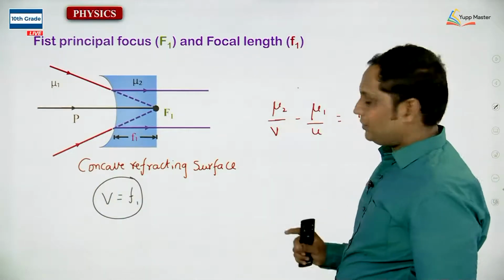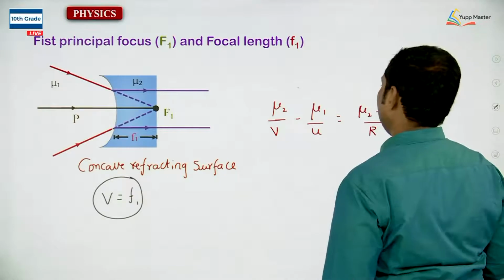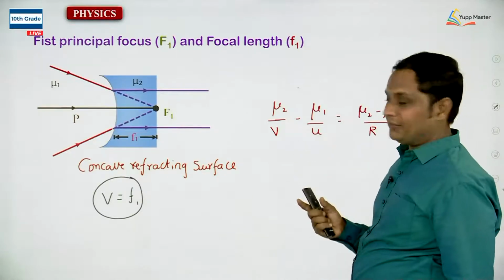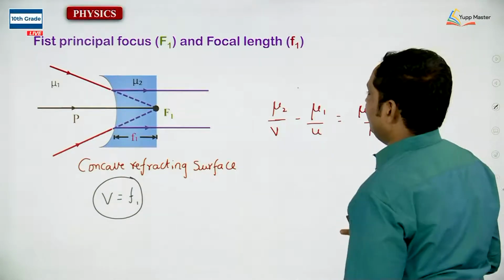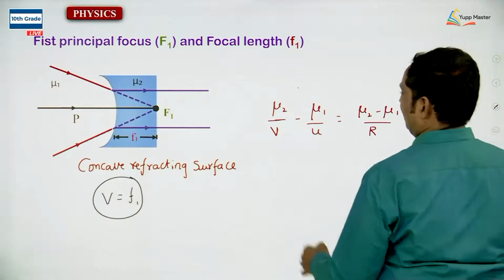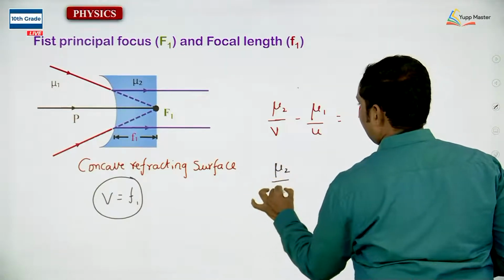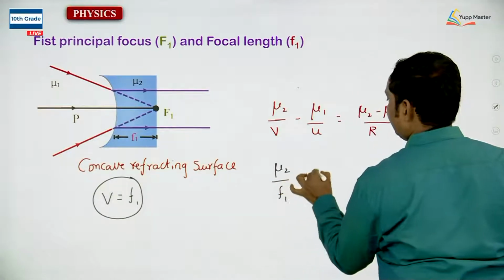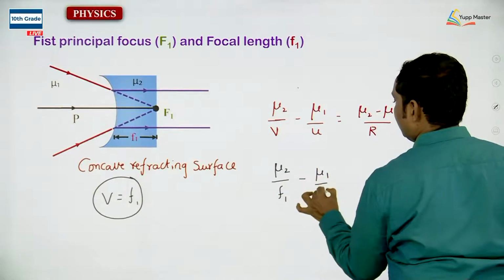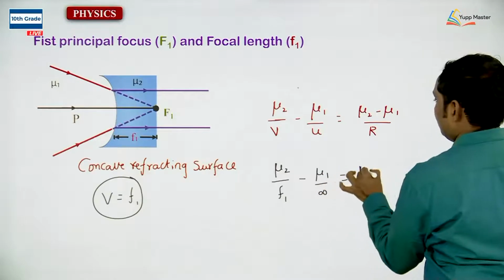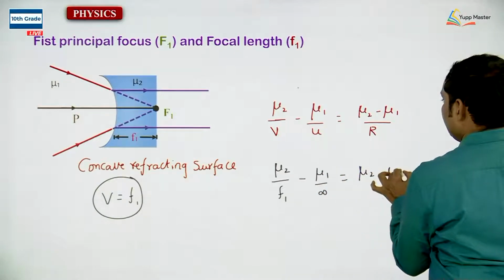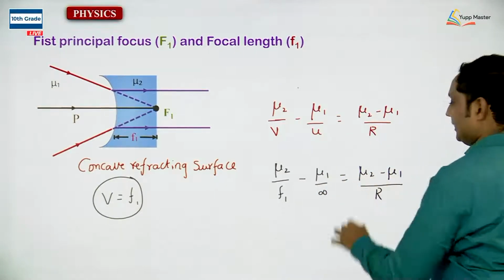You can get the expression if you take this. Therefore, mu2 by F1 minus mu1 by infinity is equal to mu2 minus mu1 by R. It is very clear.